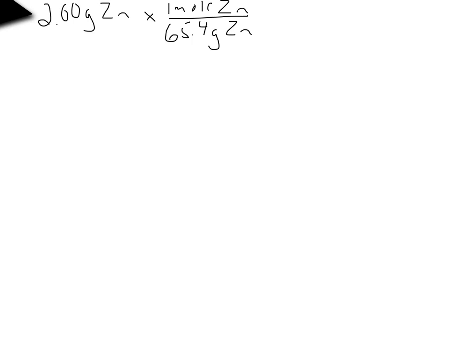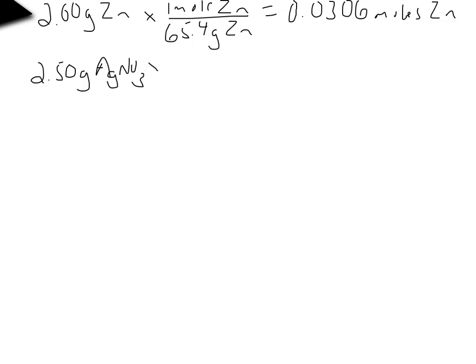All we're doing is converting grams to moles to find out how many moles of zinc we're starting with, which is 0.0306 moles of zinc.